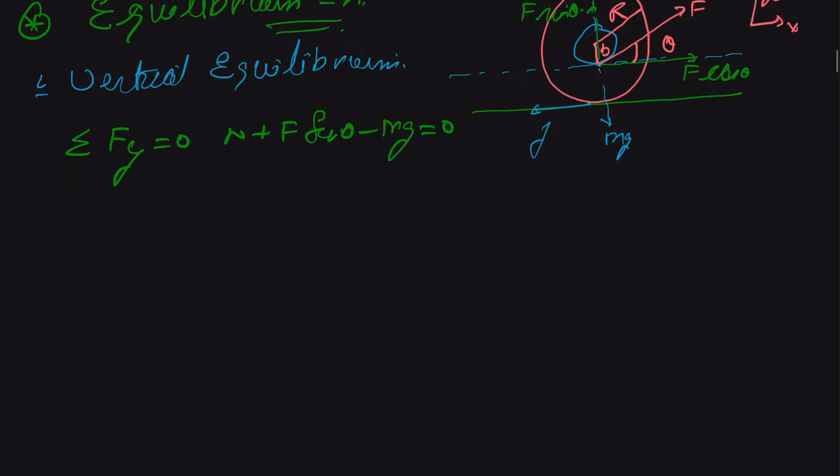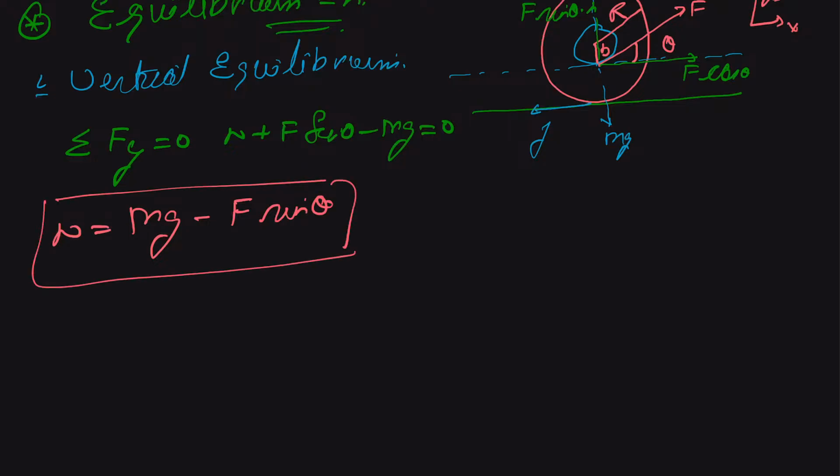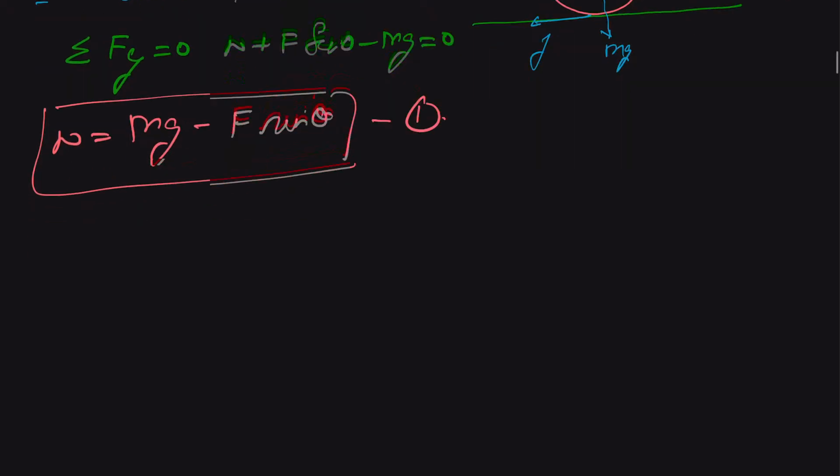And from here we can write that our normal N will be equal to mg minus F sine of theta. Let us call this equation number 1. And next is our torque equilibrium.